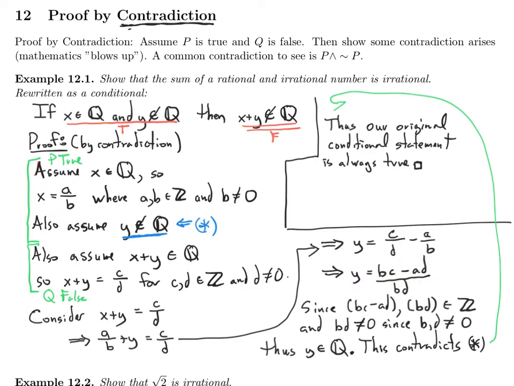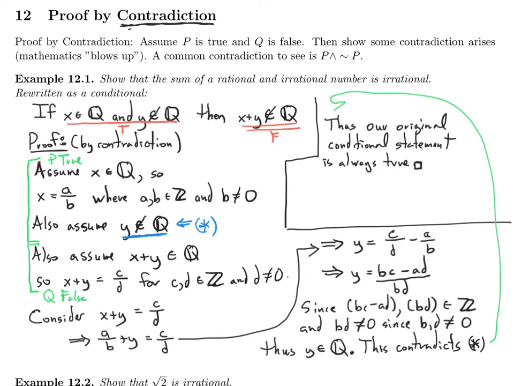So it's part of the set of rationals, which is not an irrational number. There's our contradiction. We have y is irrational and y is rational at the same time. Impossible to happen. So the only counterexamples are when mathematics blows up. So that means there are no counterexamples. Thus, our statement is always true.